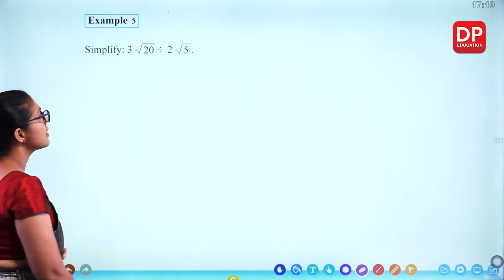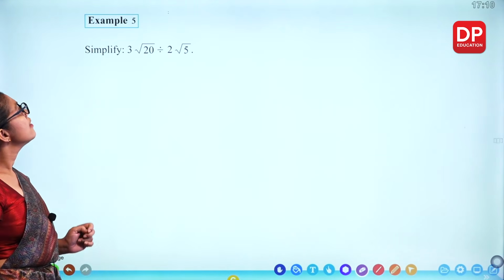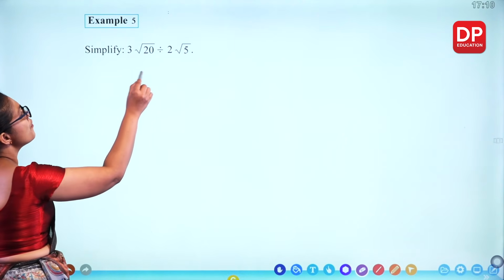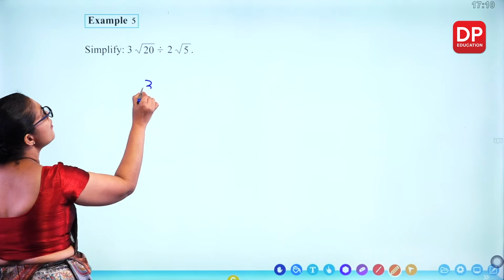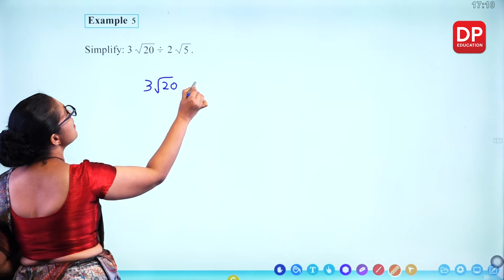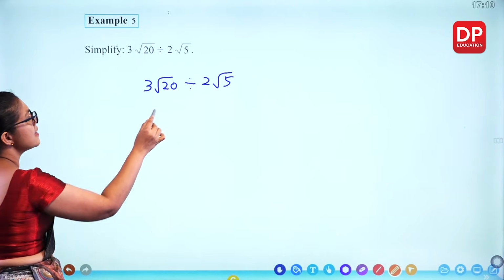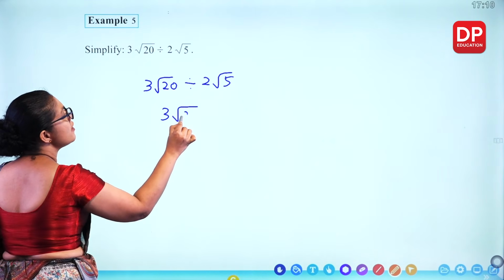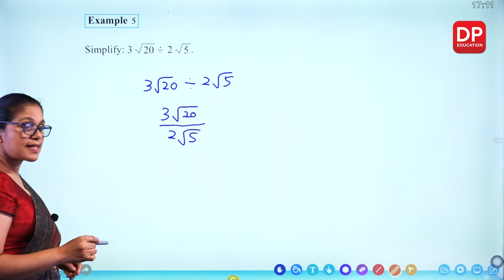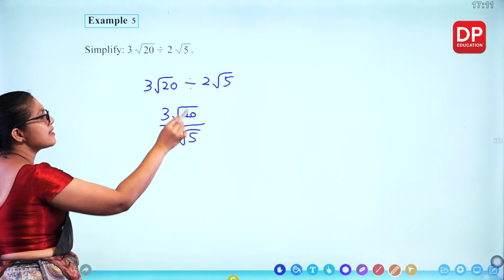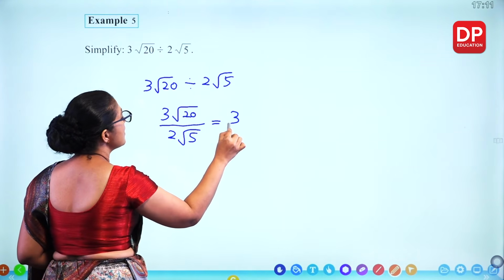Now we'll look at example number 5. In this question, it says simplify 3 root 20 divide by 2 root 5. So I can write this as a fraction. So 3 root 20 divide by 2 root 5. Then what's the next step? You can write the surd value in the radical form, one radical form.